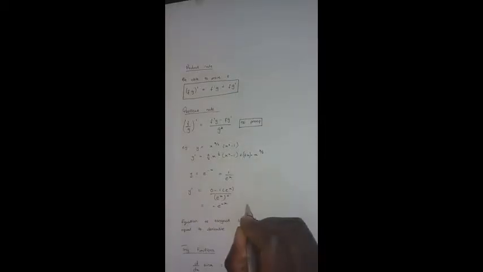Okay, so there might be some questions whereby you're required to determine the equation of the tangent line. The tangent line basically follows the basic equation y is equal to mx plus c, the equation of a straight line. So the gradient is the same as the derivative. You'll be given a point, let's say for example (1, 1), then you can find the derivative, and it would most likely be in terms of x.